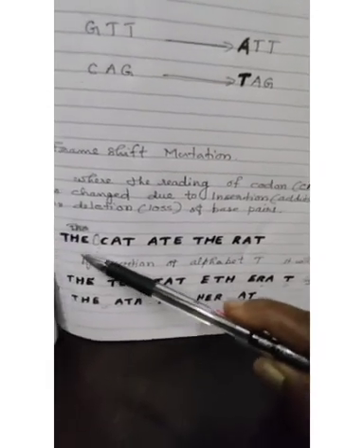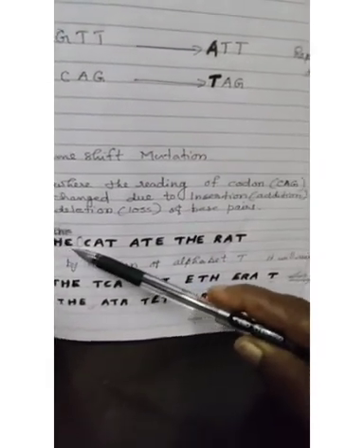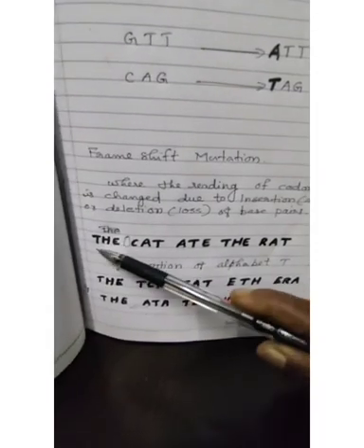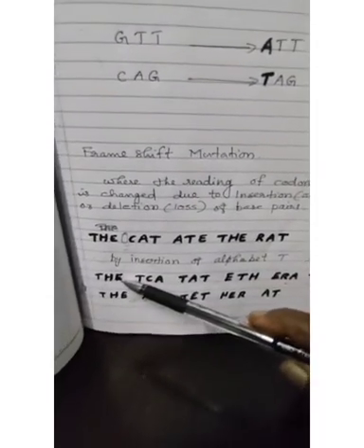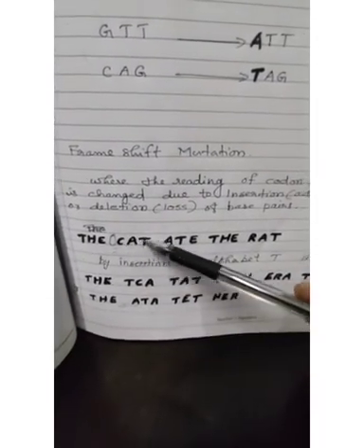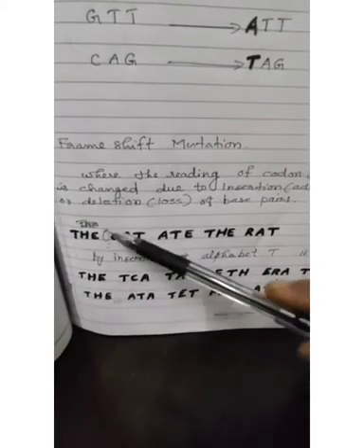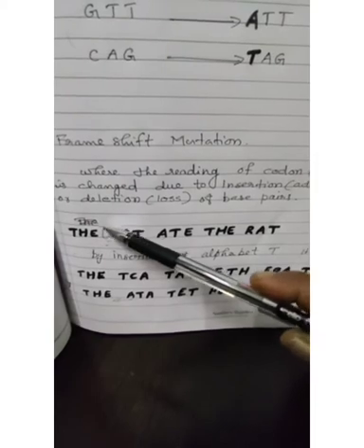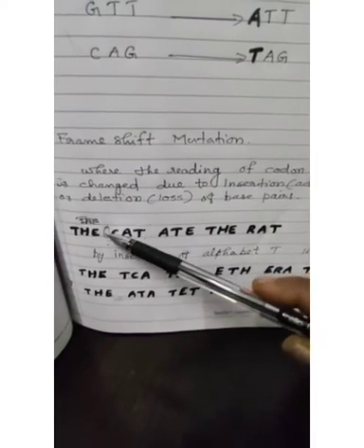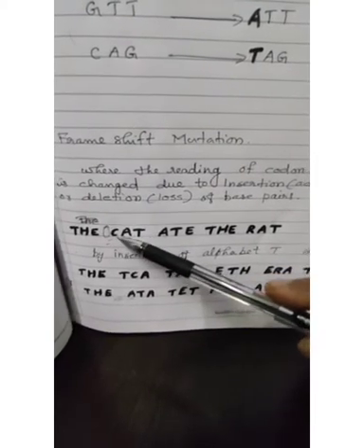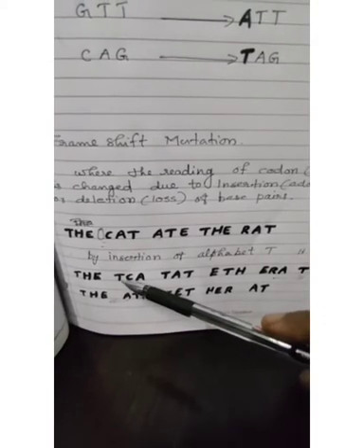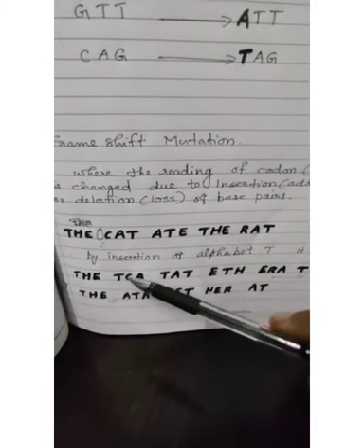Generally, we write the codon using three letters. Here, THE, then instead of CAT, the word is changed by the addition of one base pair. Instead of CAT, that is changed to TCA.